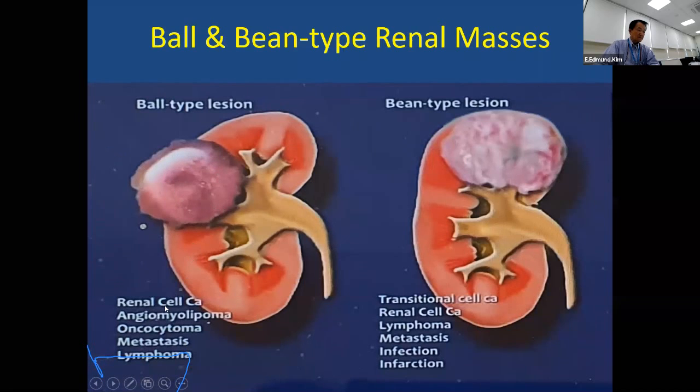Okay, that's renal cell, angiomyolipoma, oncocytoma, metastatic lymphoma. But being like transitional cell, renal cell, lymphoma, there are some overlaps. But to me, renal cell doesn't obstruct the urinary tract, but transitional cell obstructs the urinary tract.